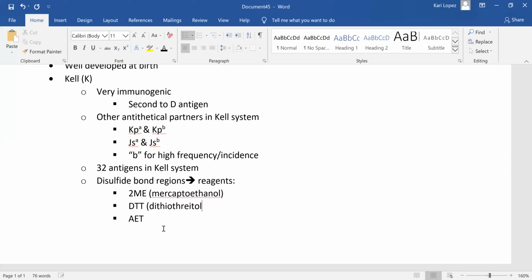Dithiothreitol and 2-aminoethylisothiouronium. That is a mouthful, isn't it?